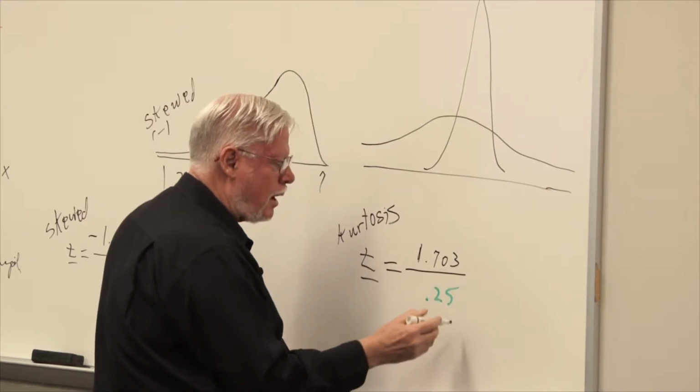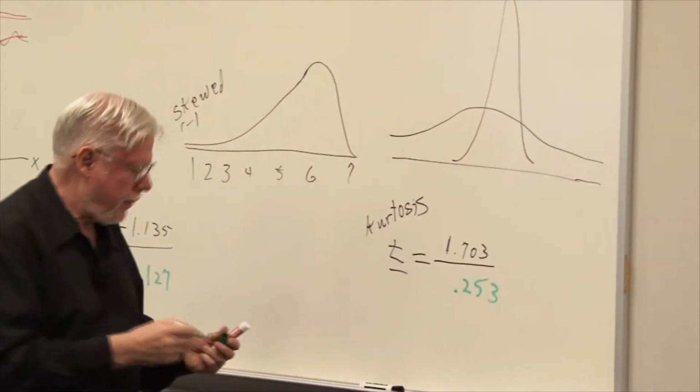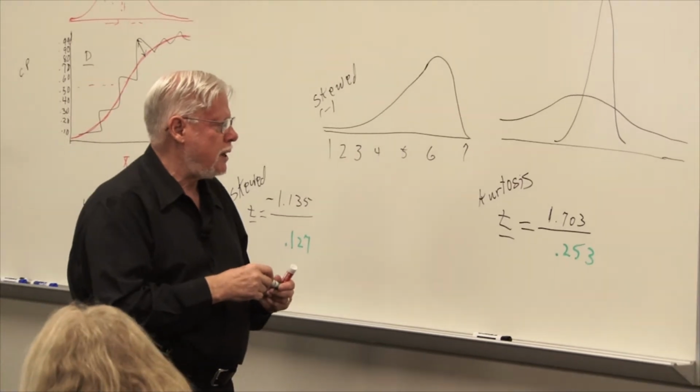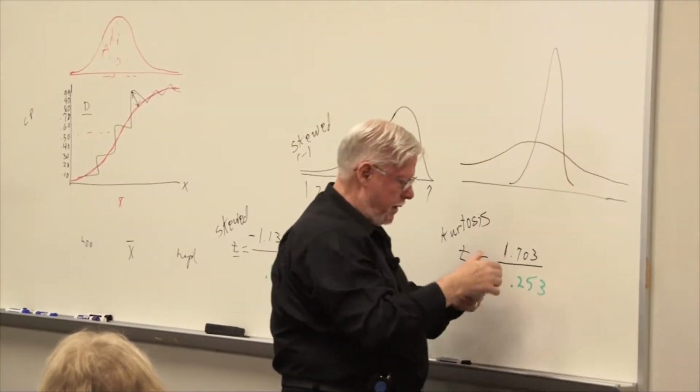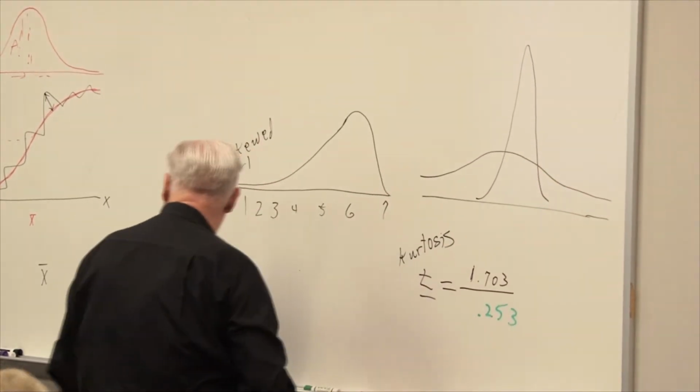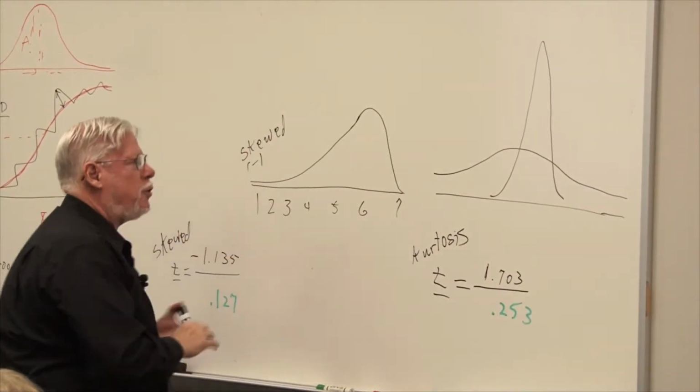0.253. Okay. And likewise, it's going to show this. When it's positive like this, it means it's leptokurtic.